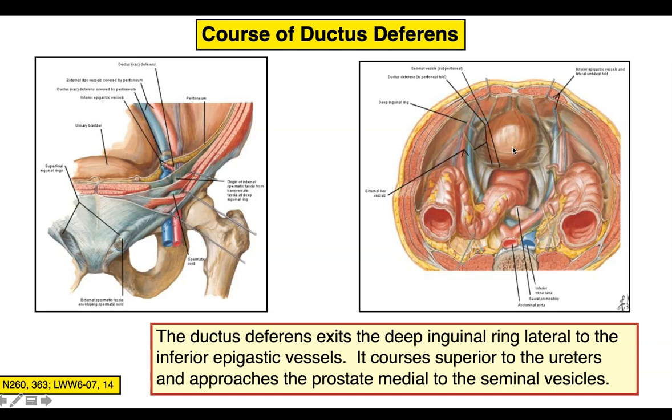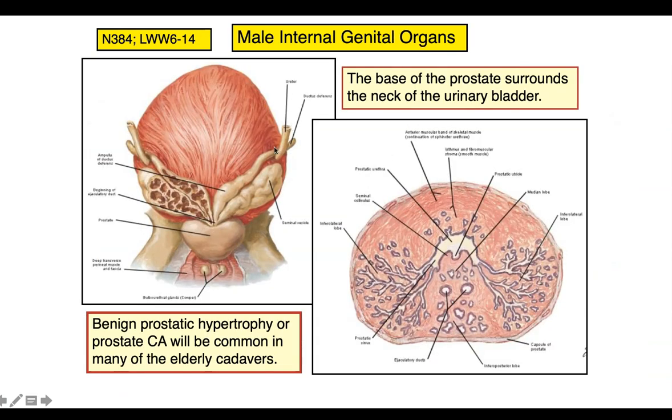This is the urinary bladder and here is the rectum. Behind the urinary bladder, on the base of the urinary bladder, are the two ductus deferens from both sides. This is called the base of the urinary bladder.